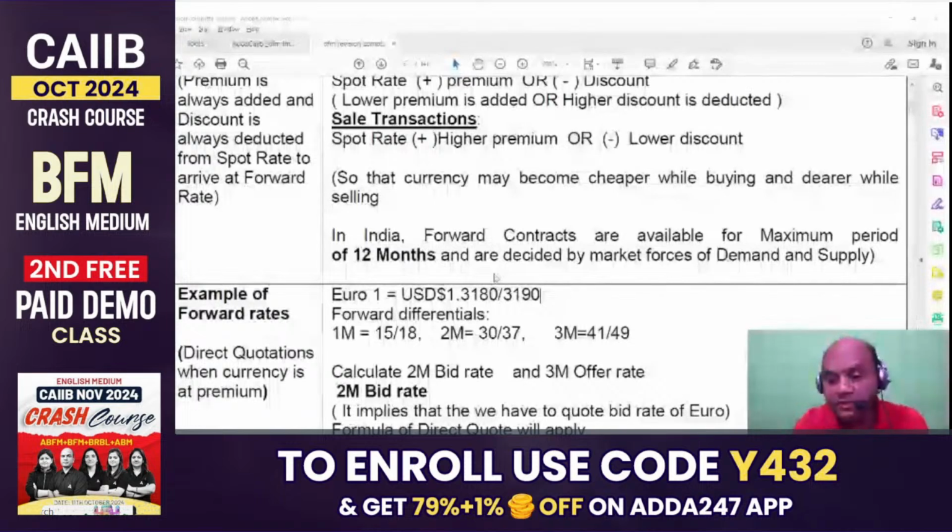So it is USD 1.3180 plus 0.15. Kindly note, it is plus 0.15. So for 1 month, 1.3180 plus 0.15.